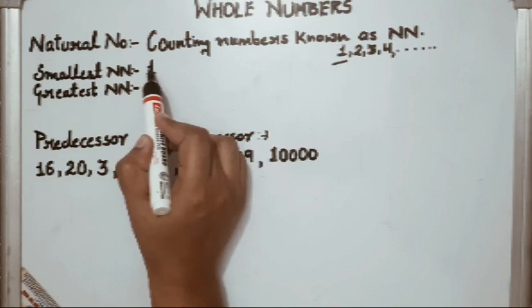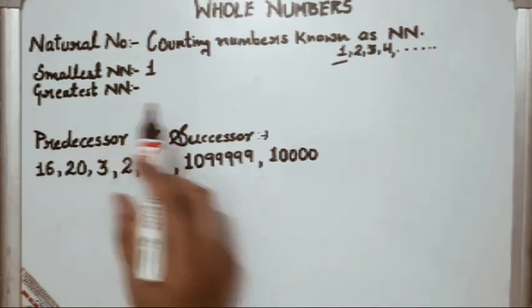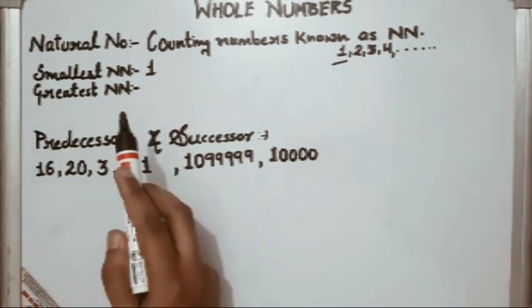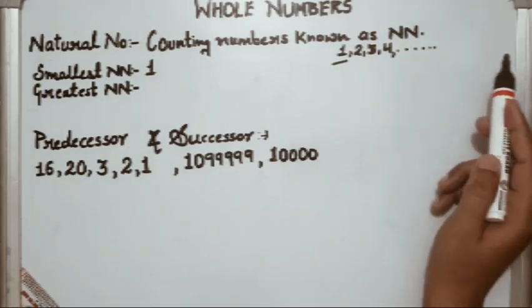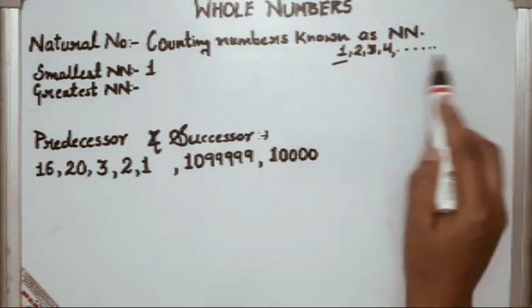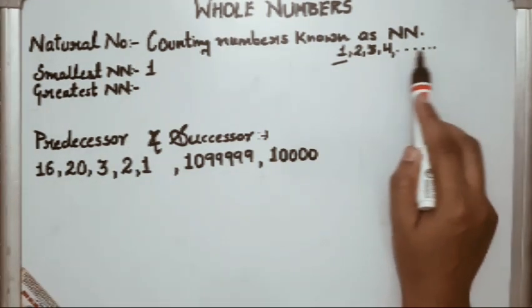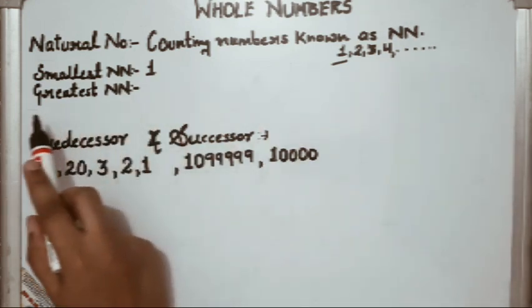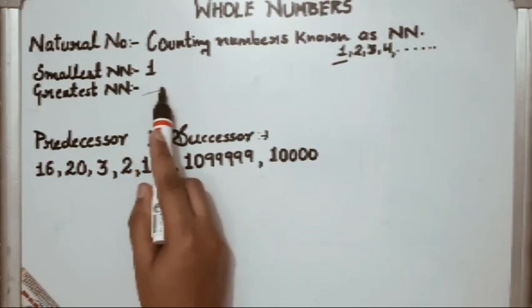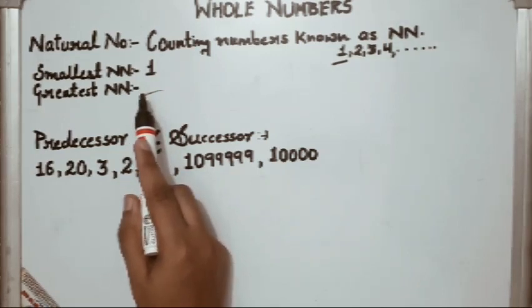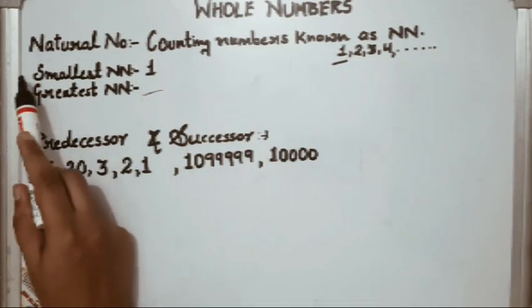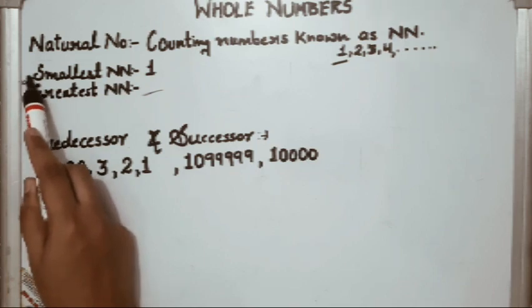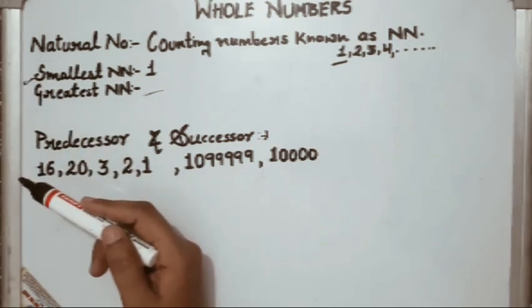And what can you tell about the greatest natural number? Greatest numbers are always on the most right hand side. But you can see the numbers will never end. It goes up to infinite. So you can't say what the greatest natural number is. And generally the question only asks about the smallest natural number, not about the greatest.